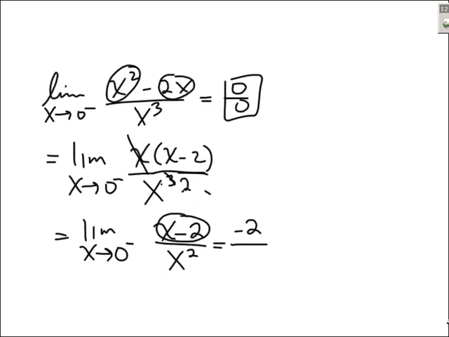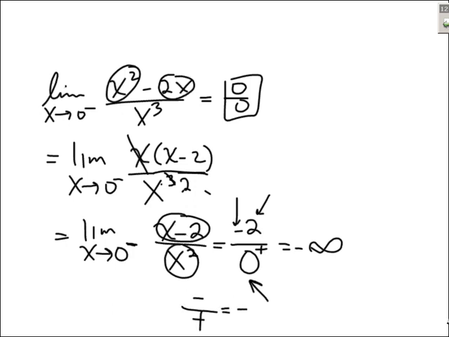And any number close to 0, when you square it, it'll be close to 0, but positive. You square a negative number to get a positive. So since we have not 0 on top and 0 on the bottom, it's infinity. And since the numerator is negative and the denominator is positive, we get negative infinity.